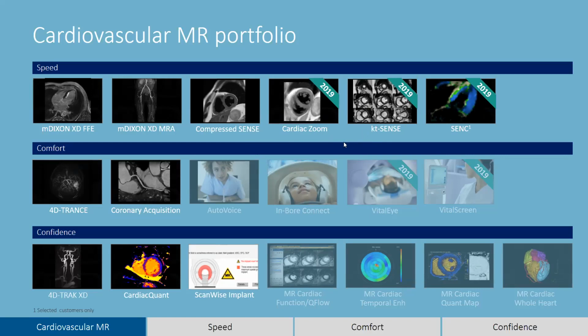But overall, for the sequences in the cine or the morphologic study and the perfusion, the ECG triggering is very important. But with our innovation here in Philips, we can use the Vital Eye, which detects the breathing of the patient with artificial intelligence and includes it in the acquisition.